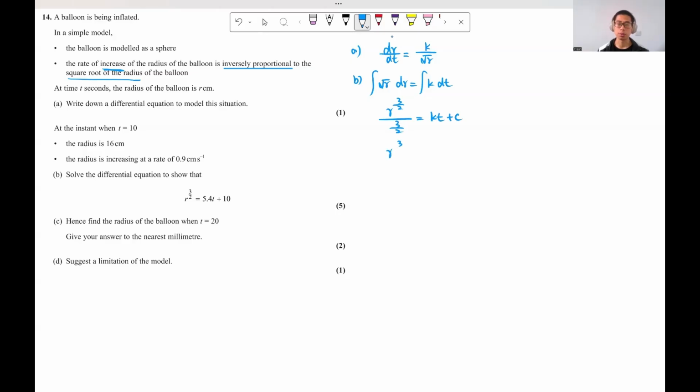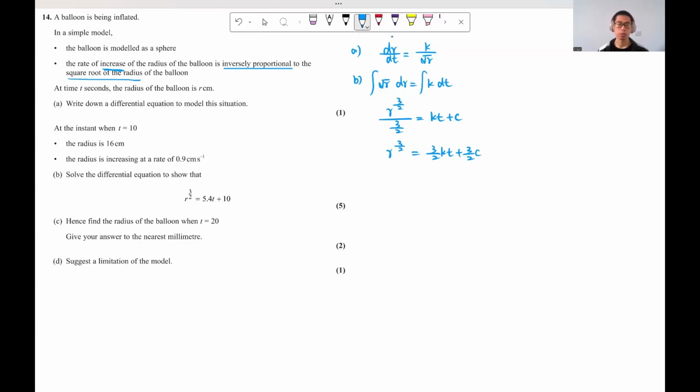So then r to the power 3 over 2 is equal to 3 over 2 kt plus 3 over 2 c. And then we need to use the condition to work out each number k and c. So it says at the instant when t equal to 10, the radius is 16, and then the radius is increasing at a rate of 0.3 centimeter per second.